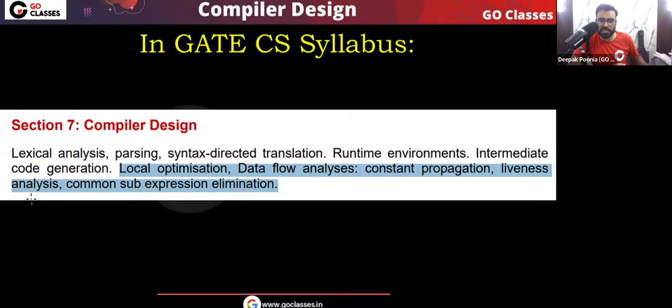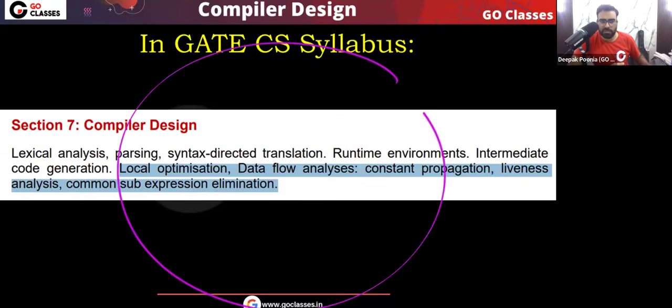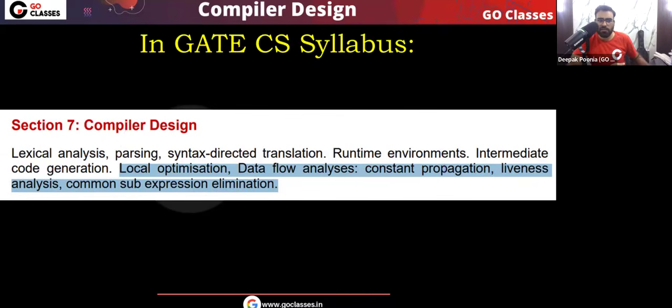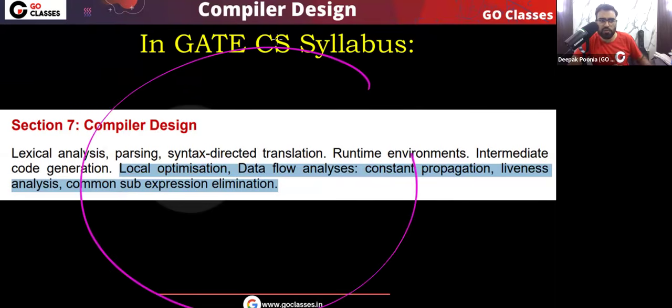Remember, from the GATE syllabus point of view, you do not have to worry about control flow analysis or inter-procedural analysis. In our GATE syllabus, we have local optimization that we will study. Also, these three data flow analyses we will study for the entire control flow graph, meaning we will study them for a particular basic block also, and for the entire control flow graph also.